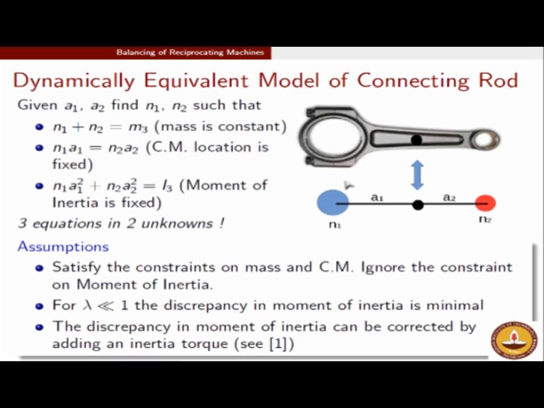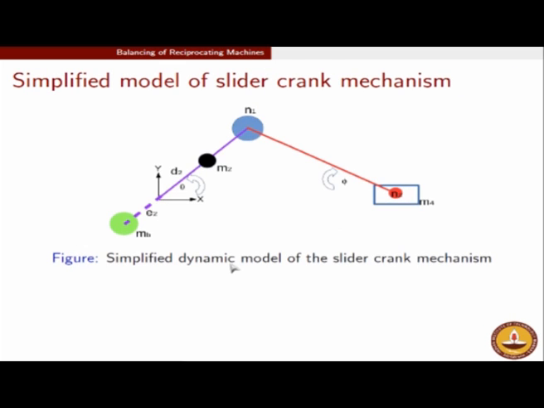So with that assumption we will be now satisfied with our dynamically equivalent model, but then the question arises, how does this simplified dynamically equivalent model actually help us to find the unbalanced forces? So that is what we are going to do in the next slide. In the next slide, if you now see, the purple color is as usual our crank. The purple colored link is the crank, the red colored link is the connecting rod.